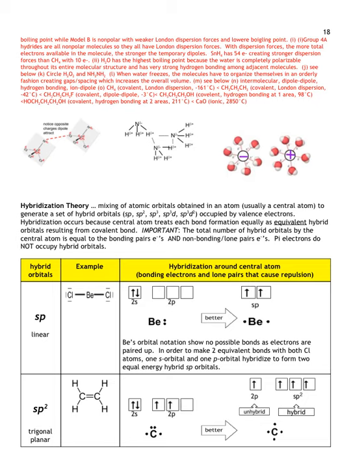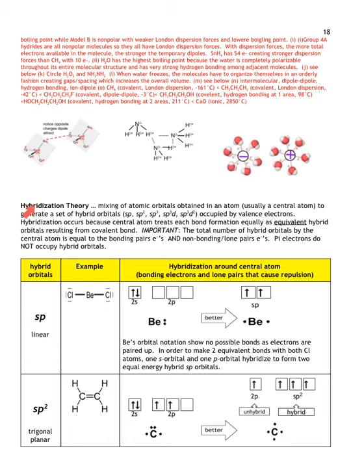Let's get into hybridization theory. Hybridization theory arises from exploring substances and looking at how much energy is required to break their bonds. We discovered that the bonds around a central atom were often equal in energy, and how that could be possible is because of the mixing of atomic orbitals in an atom.